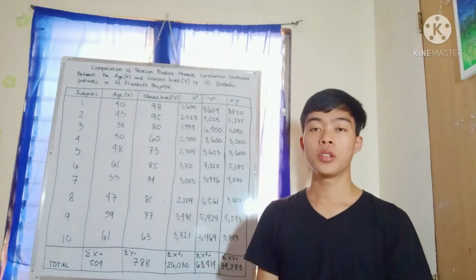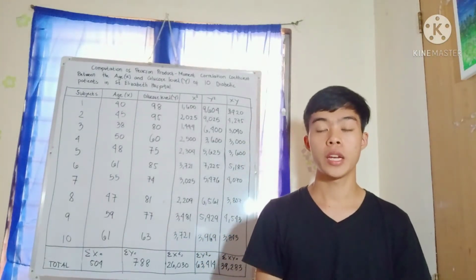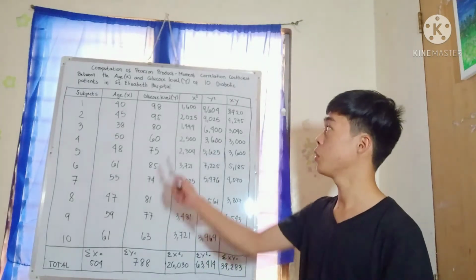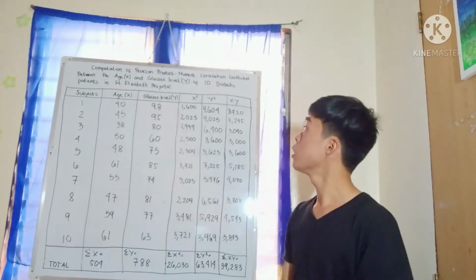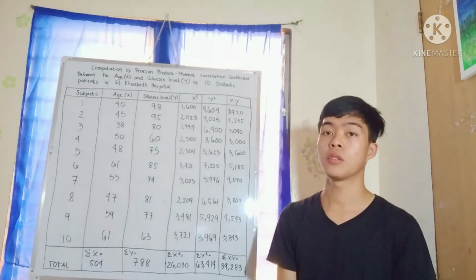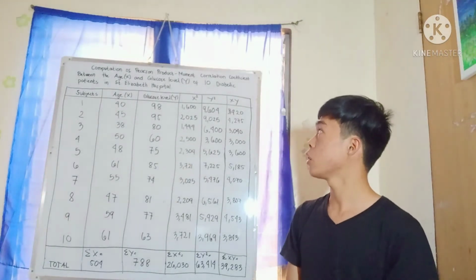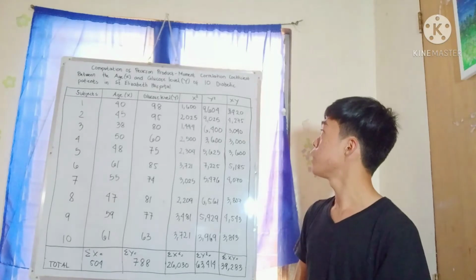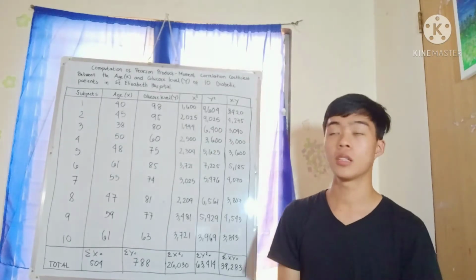Now for you to understand my report, I have my own data here: the computation of the Pearson product moment correlation coefficient between the age and glucose level of 10 diabetic patients in St. Elizabeth Hospital.